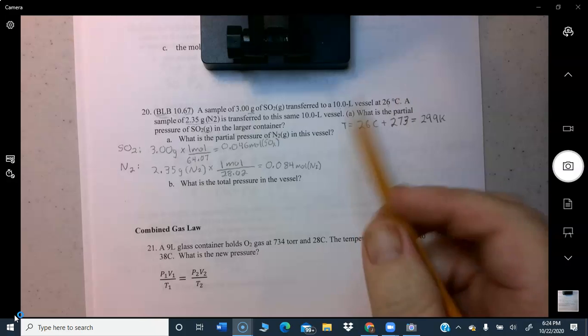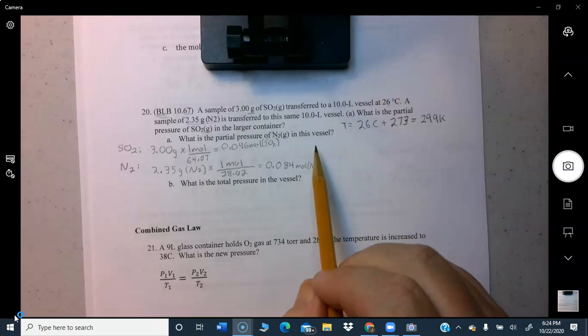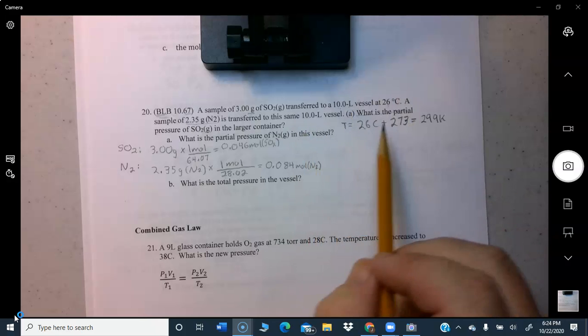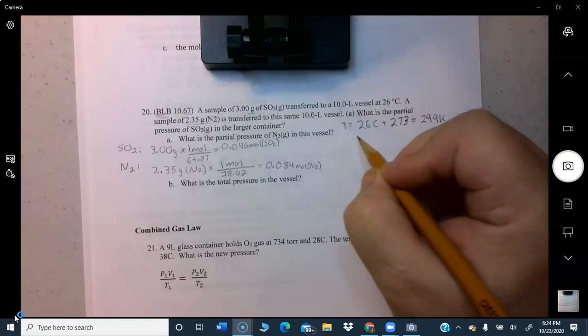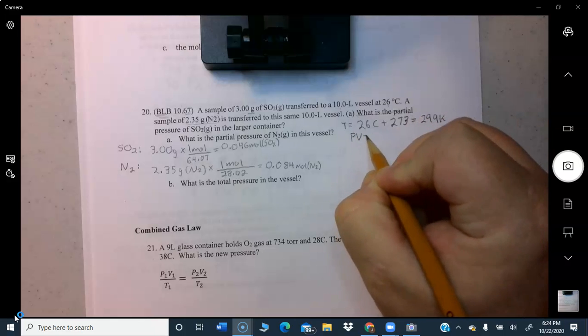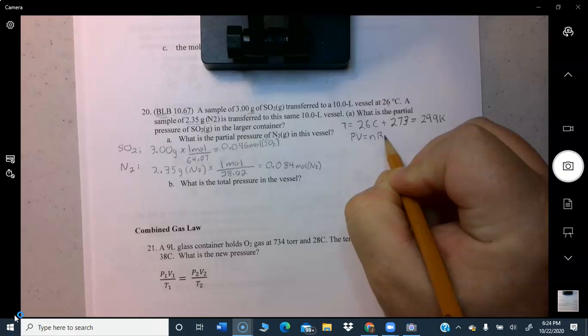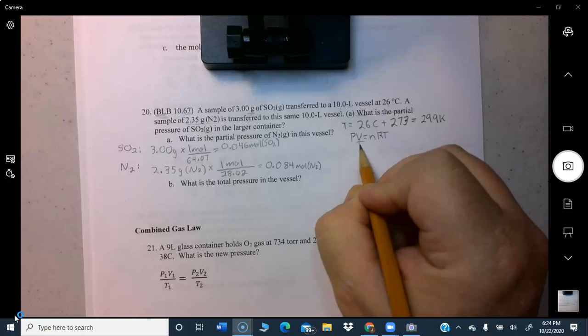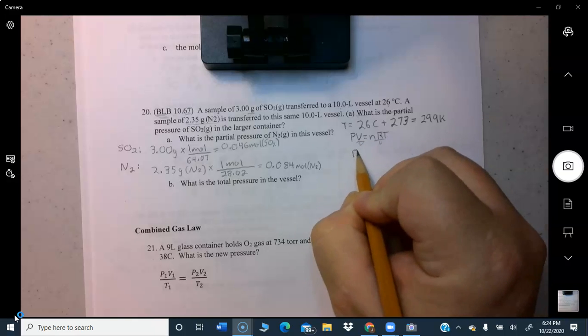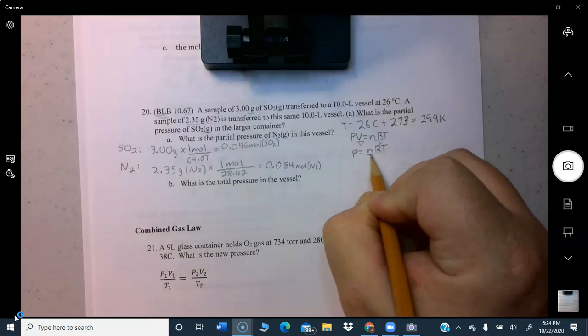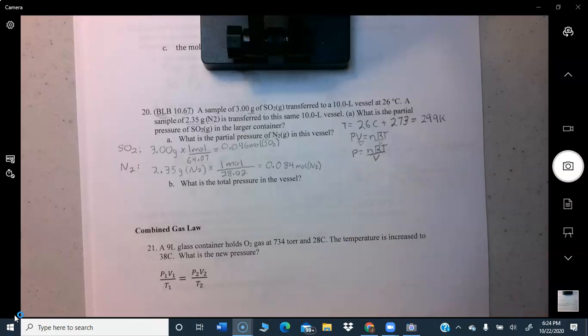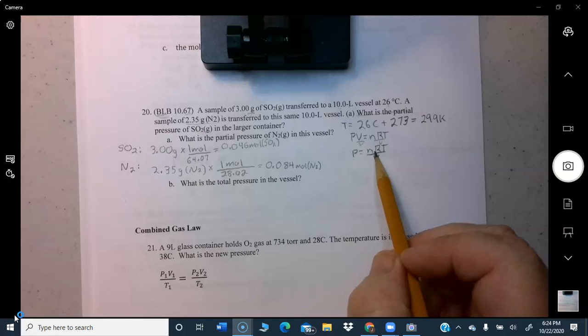Okay, so temperature's there, volume's there, number of moles, and what we're trying to figure out is pressure. So if we have PV equals nRT, divide both sides by volume, and you end up with P equals nRT over V. Okay, so now we can plug in the number of moles for each.